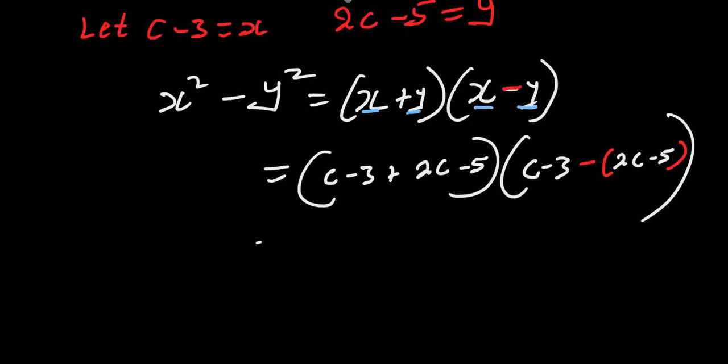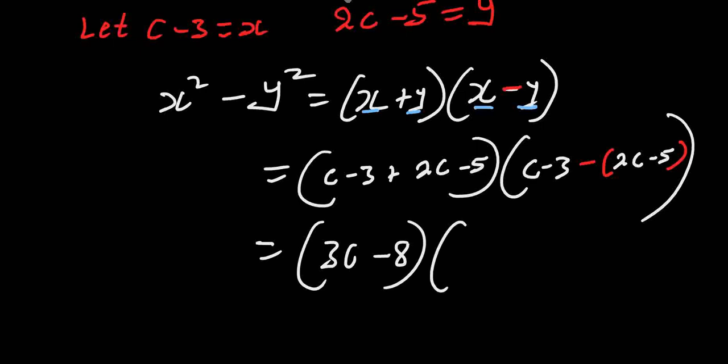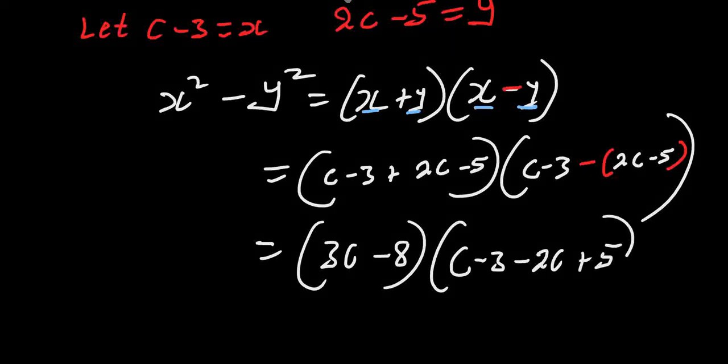So this will be equals to c plus 2c will give us 3c, and negative 3, negative 5 will give us negative 8. And over here we have c minus 3. So negative times 2c will give us negative 2c, and negative times negative 5 will give us positive 5.